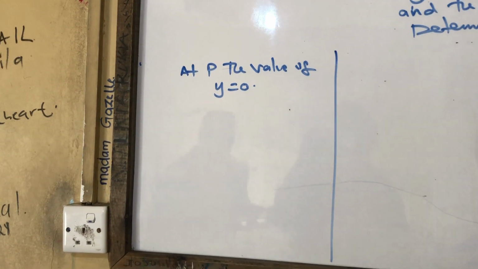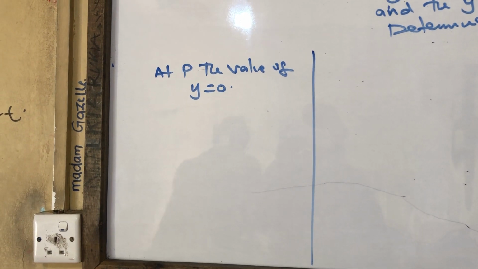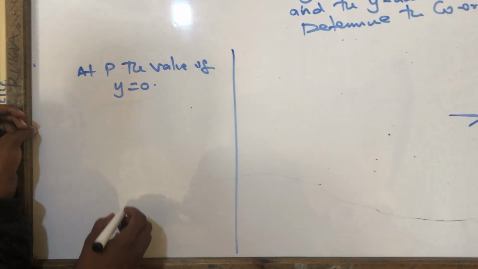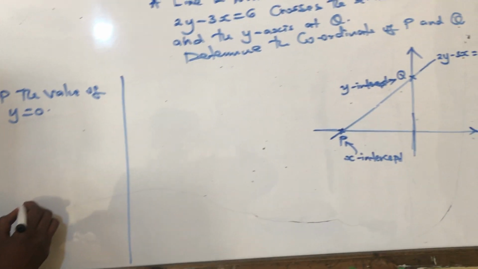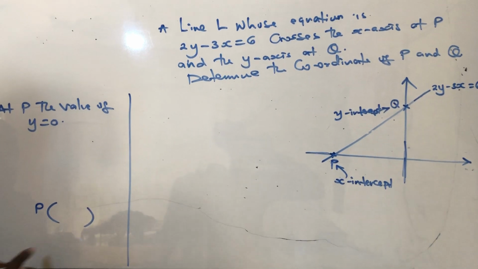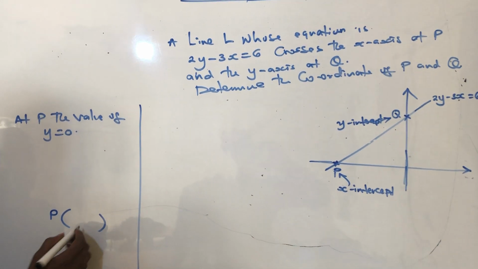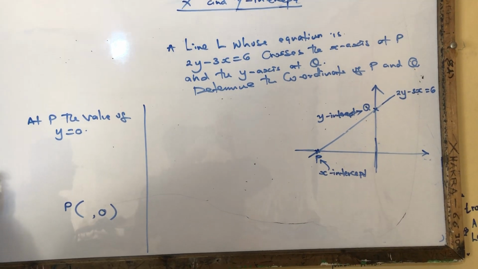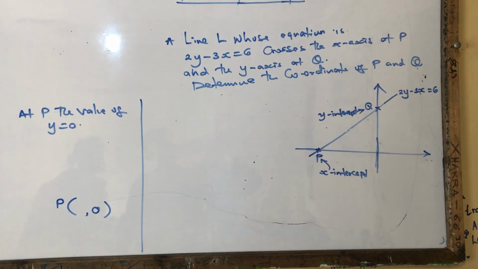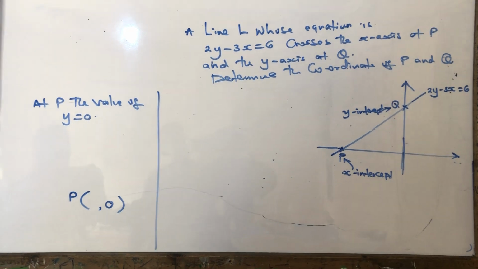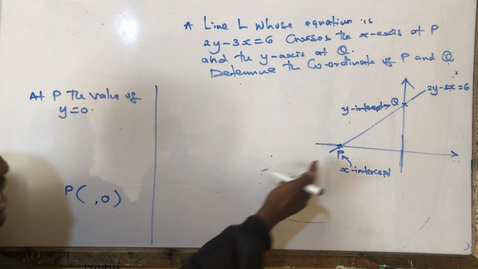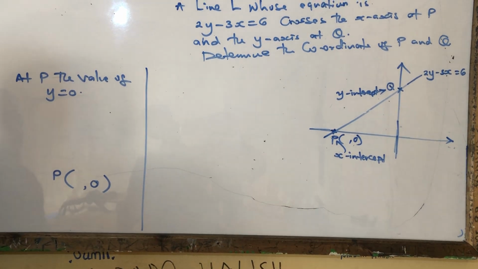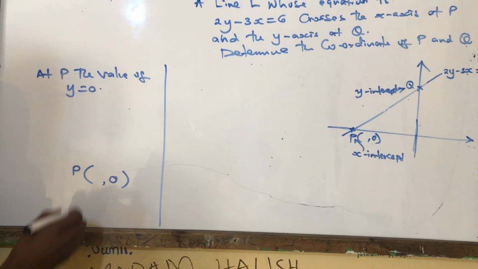In other words, if I'm going to look for the coordinate of P, the value of y we know already is 0, which implies that we are only looking for the value of x. How do we look for the value of x?